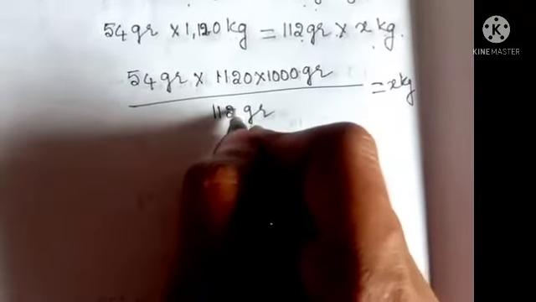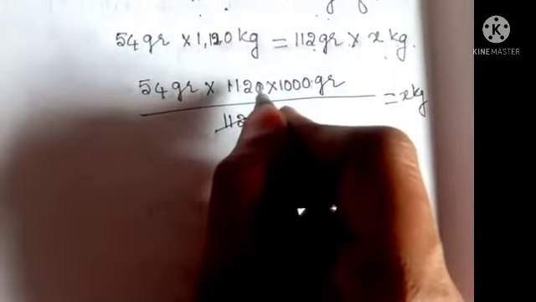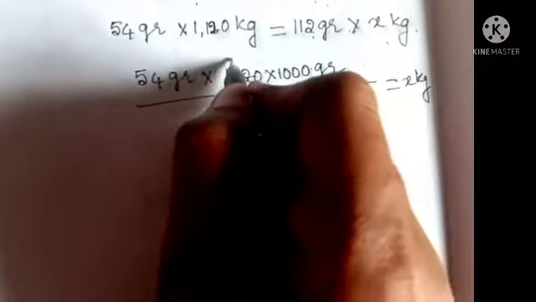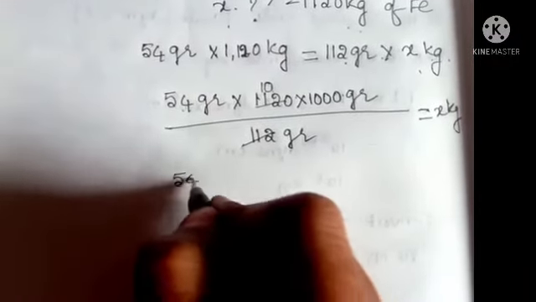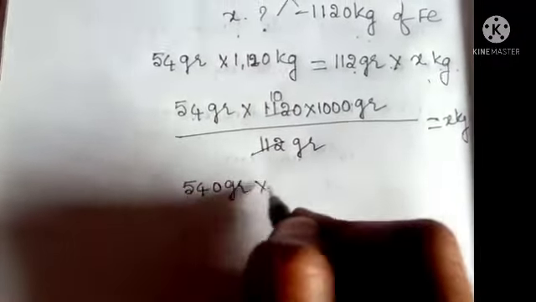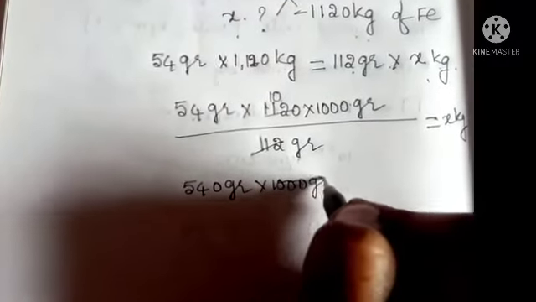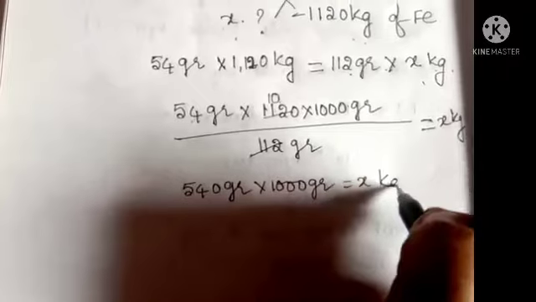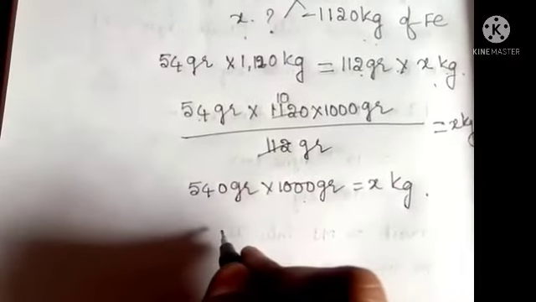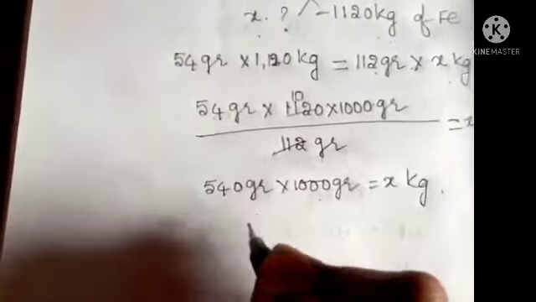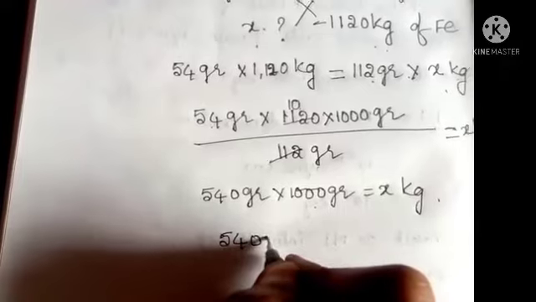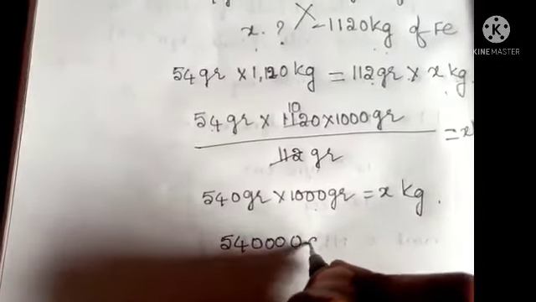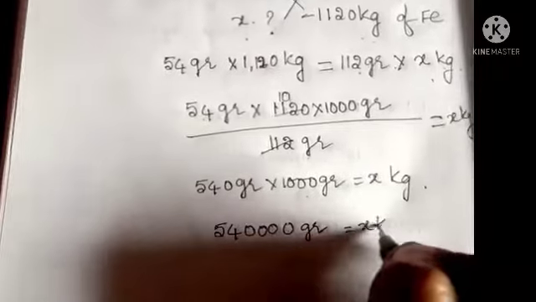Next, 112 into 1120 cancels out by 10 times. 54 into 10, 540 grams into 1000 grams equals X kg. 540 into 1000, 3 zeros, these are grams equal to X kg.